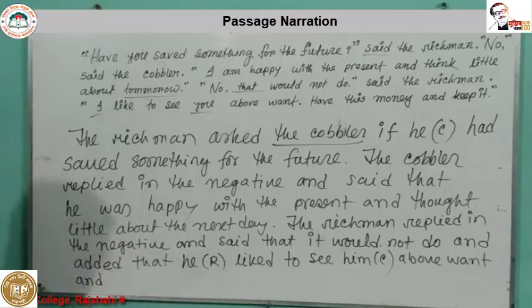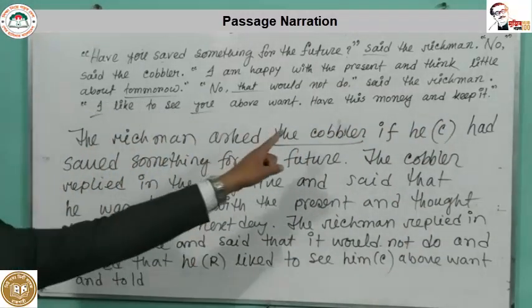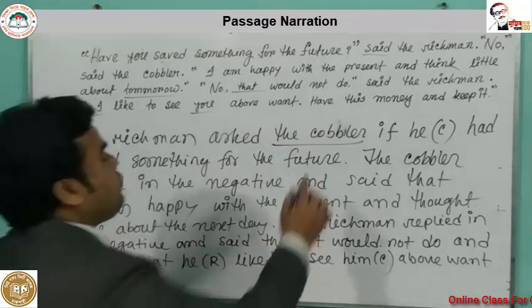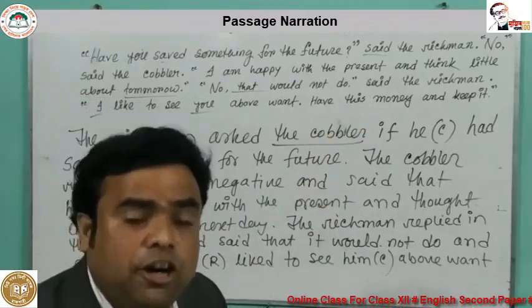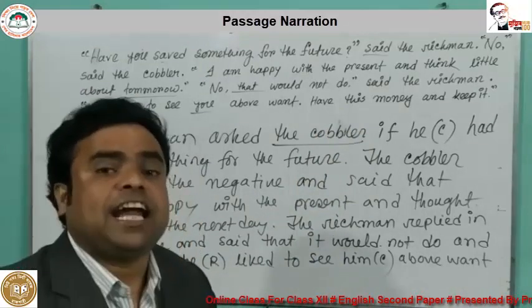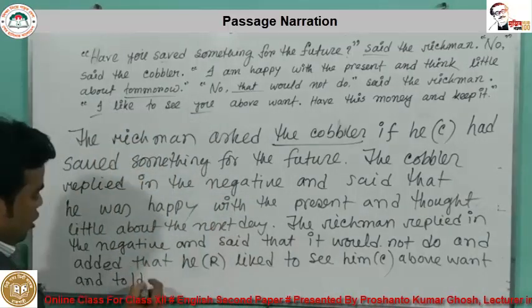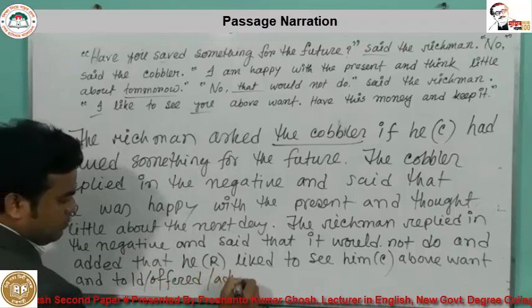And told, because "Have this money and keep it." This one is an imperative sentence. If there is the use of have this money, you may use offered or told or advised, anything else.